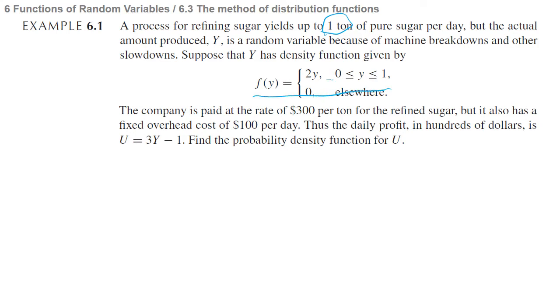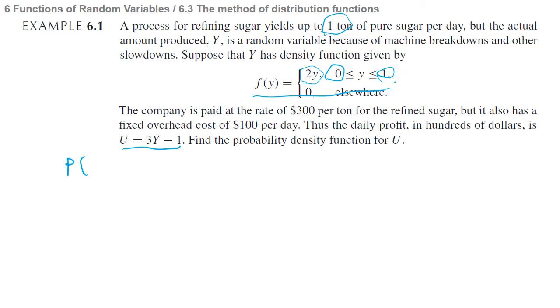From 0 ton to 1 ton, we have density function 2y, and the company is paid at the rate of $300 per ton for the refined sugar, but it also has a fixed overhead cost of $100 per day. Thus, the daily profit in hundreds of dollars is U = 3Y - 1, and we need to find the probability density function for U.